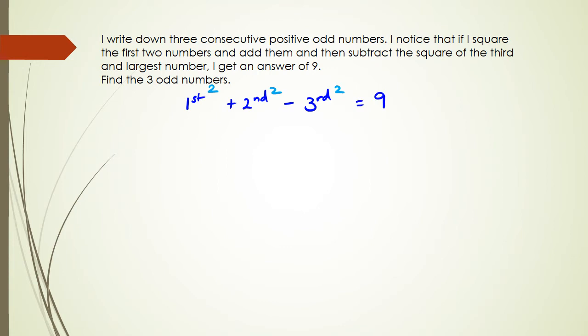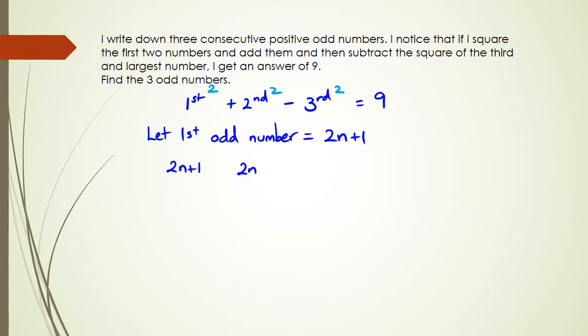Now, if you watched the previous video in this series, you would know that odd numbers can be written as 2n plus 1. So let the first odd number equal 2n plus 1.